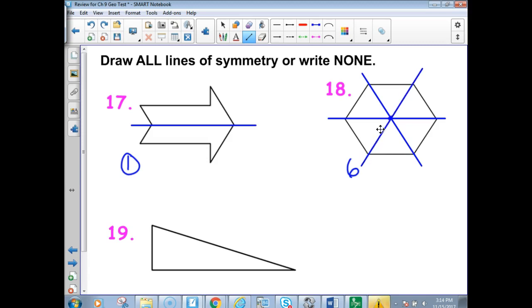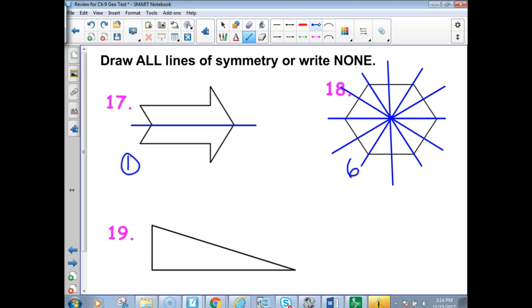That's 3 of them. But what other way can I go? Straight down the middle, okay. And then in the middle of this. Okay, and then the middle of that one. So now I did 3 more, and now it looks like there's a bunch of them, but it's only 6.